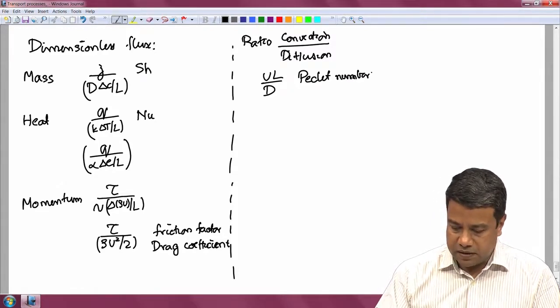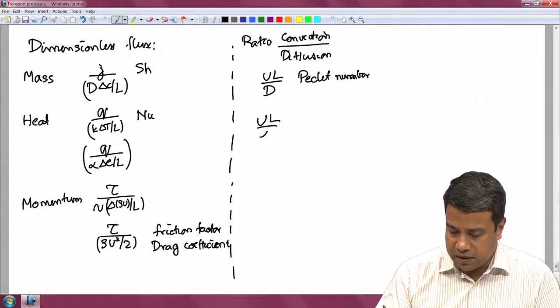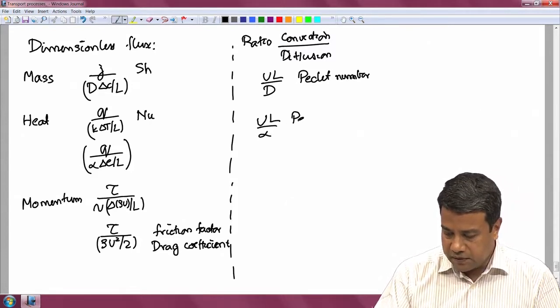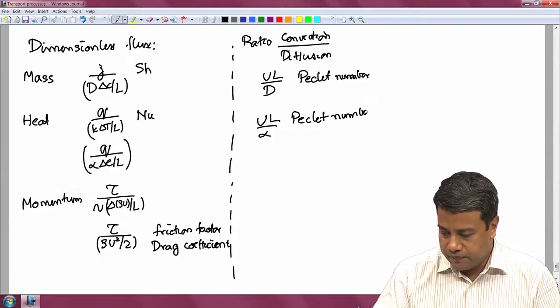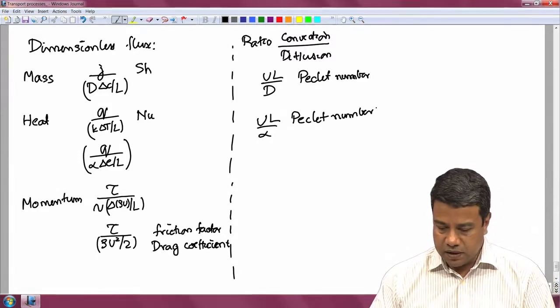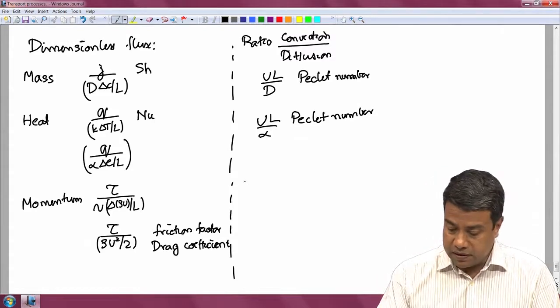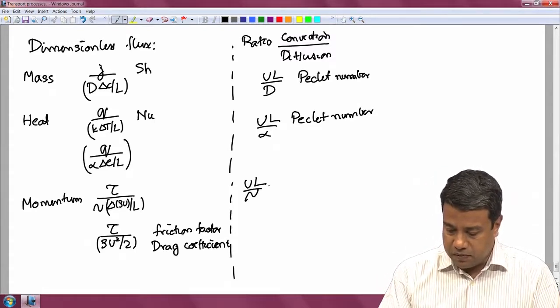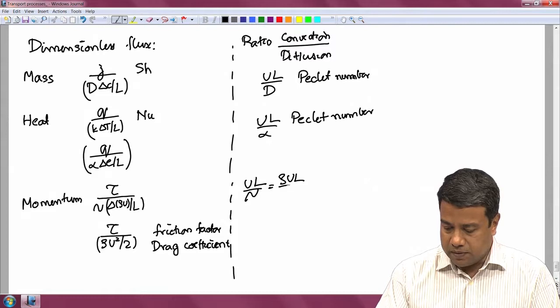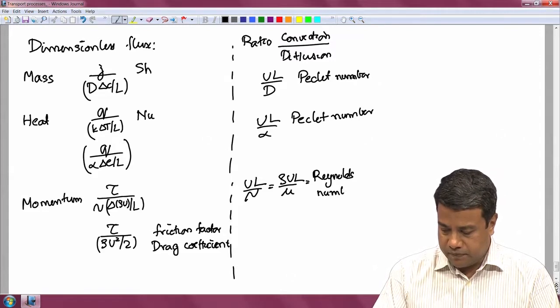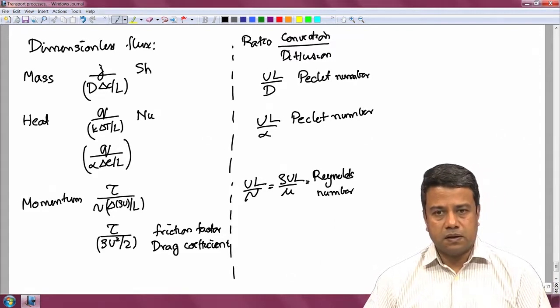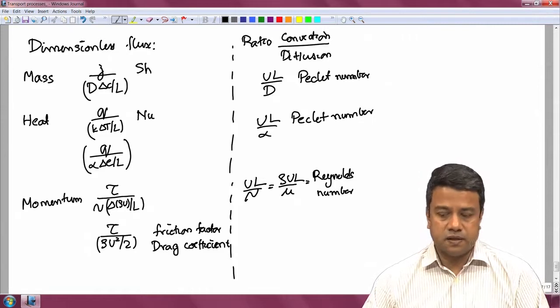In the case of heat transfer, that turns out to be UL by alpha, which is a Peclet number for heat transfer. And for momentum transfer, it is UL by nu, which is equal to rho UL by mu, the Reynolds number. So, these are ratios of convection and diffusion.